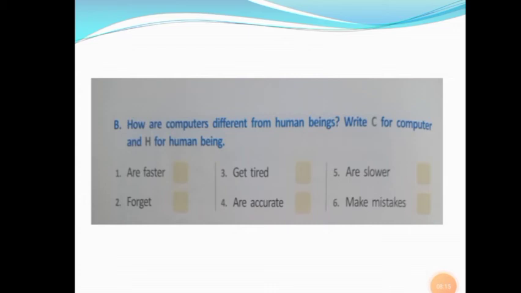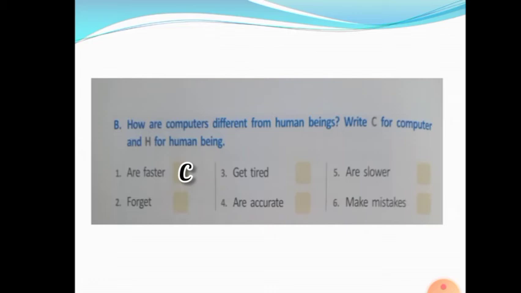Yes. Take the next page, page number 8. How are computers different from human beings? Write C for computer and H for human being. Read the word. The first one, faster. Yes, the computer can do the work faster than humans.